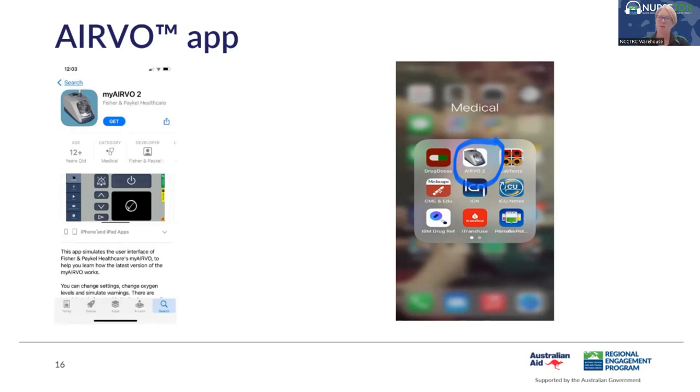So if you have a power cut, the Evo will turn off and you will no longer be delivering oxygen. We had first-hand experience of this in Lautoka. There was a power cut and there were a couple of patients on the Evo.